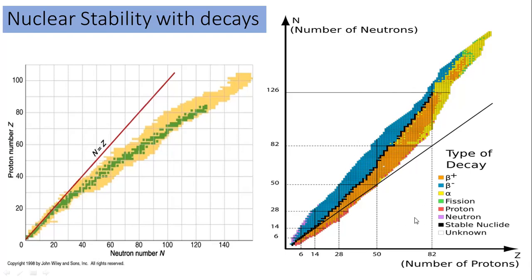If this nuclide is present over here, this is unstable. In brief, the nuclides which are present above this stability line and below this stability line are unstable, and if they are unstable, then they must emit some sort of radiation.